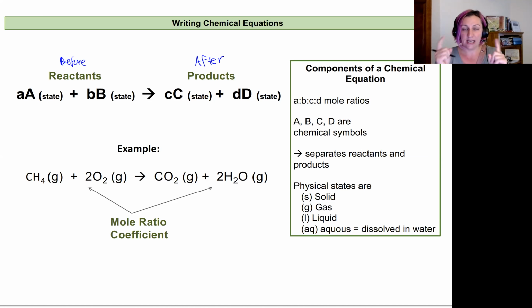And to indicate the difference between these two, we use an arrow. It's kind of like an action, like these become these new things. And the arrow is important. It's not an equal sign because even though our reactants will become our products, they're not the same thing. And so the arrow is the appropriate way to do it.